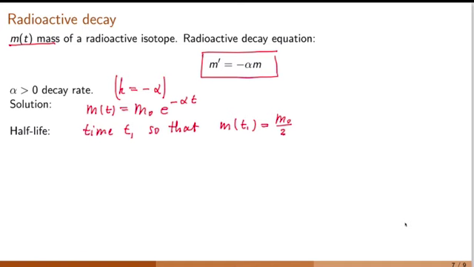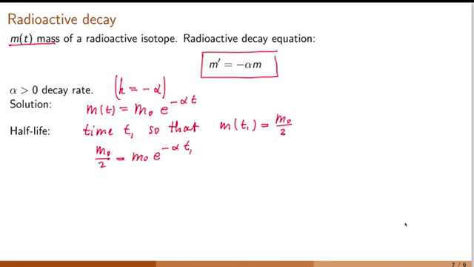So let's try to compute this. Then we have m0 over 2, this is the new mass, is the initial mass m0 times e to the minus alpha t1. Right, at time t1 we have exactly half the mass, so we use the solution from above and we sub in t1. And now it's just a matter of solving this equation using our logarithmic rules.